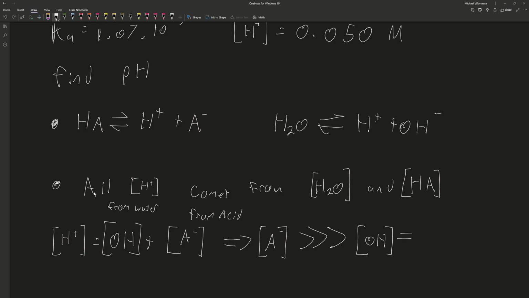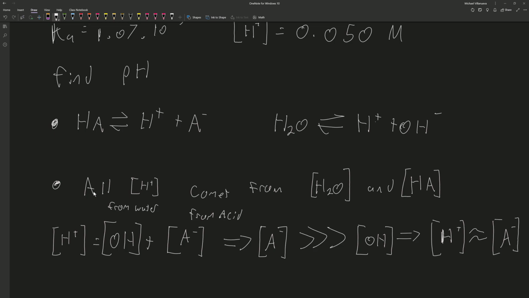Therefore, we could say that the concentration of H is approximately equal to the concentration of A.